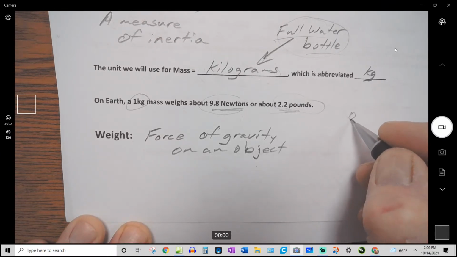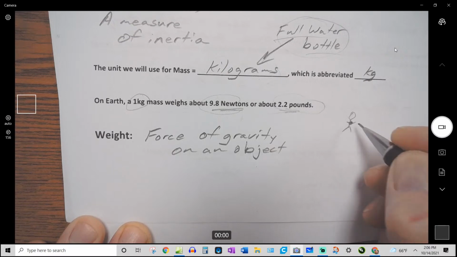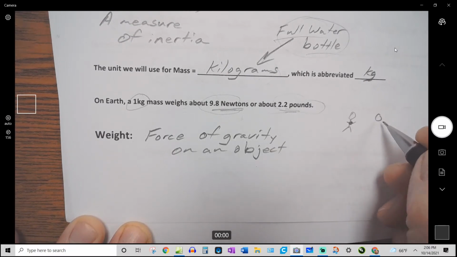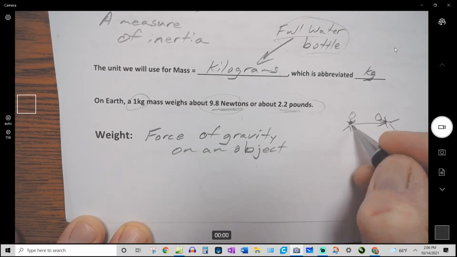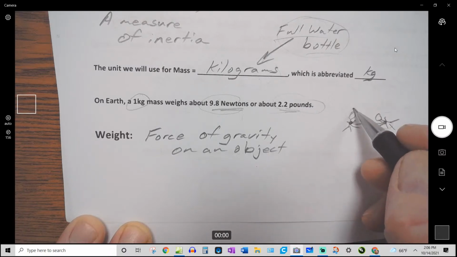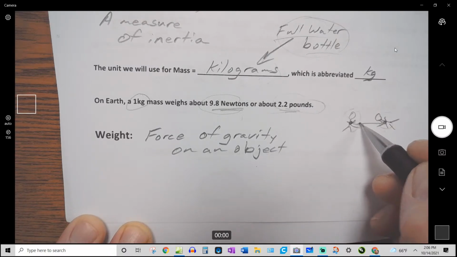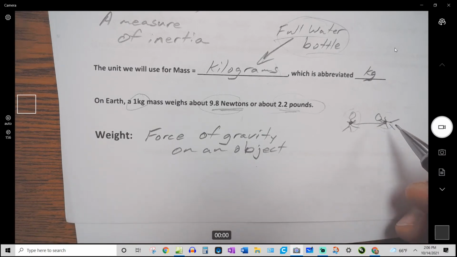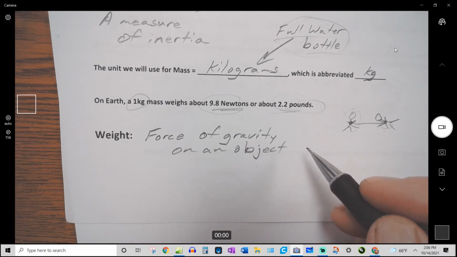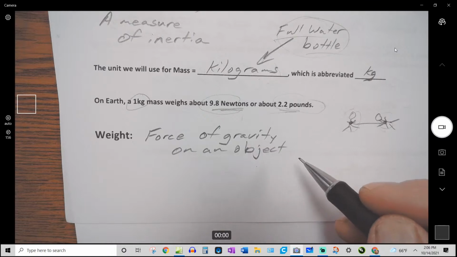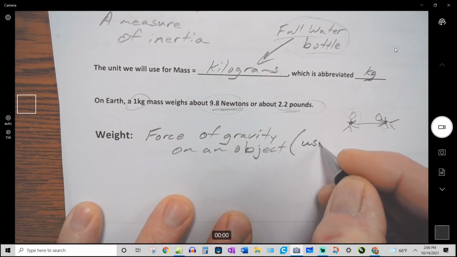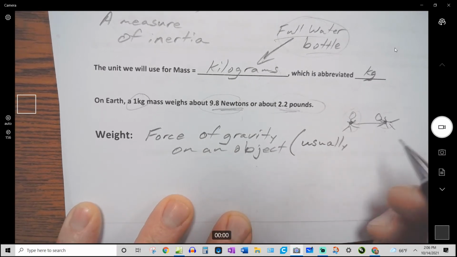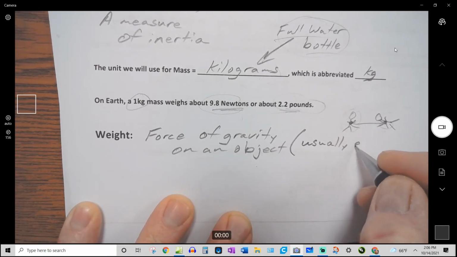If you have two people and you find their centers of mass and measure the distance between them, you can calculate the force of gravity of this person pulling that person and that person pulling this person. So we're all exerting gravitational pull on one another, but I wouldn't call that weight. You have to really have usually a planet. So I'm going to put in parentheses, usually exerted by a planet or a big asteroid or something like that.